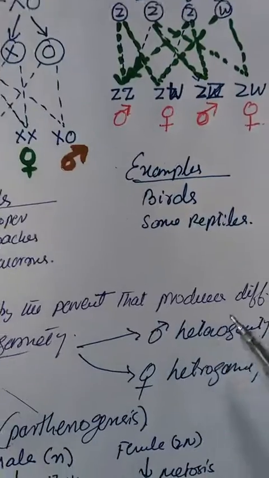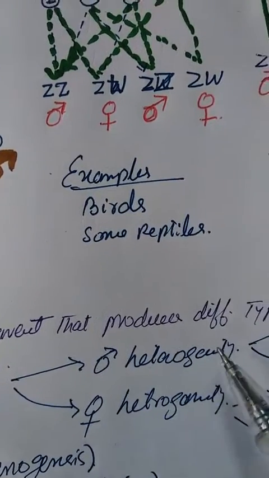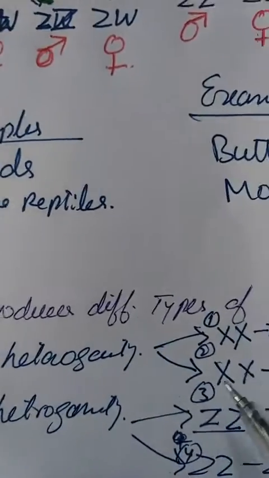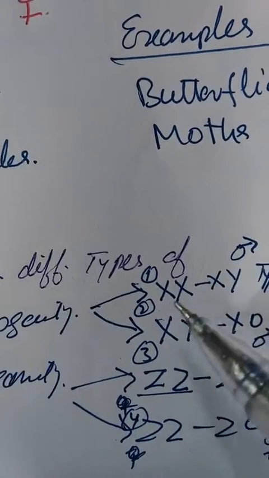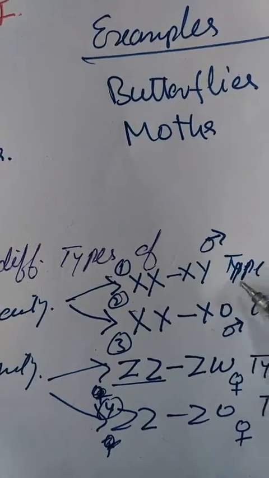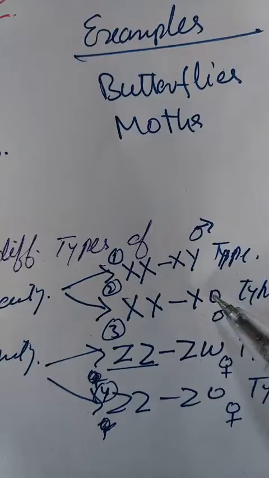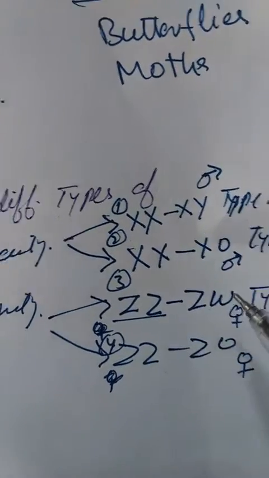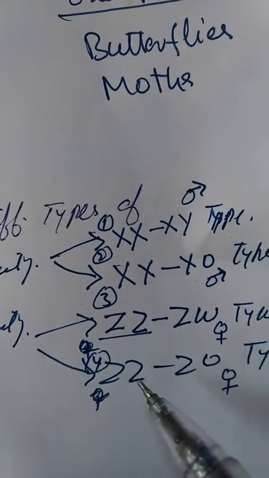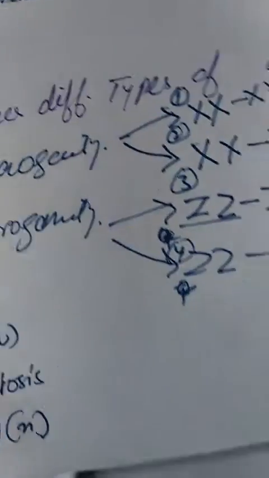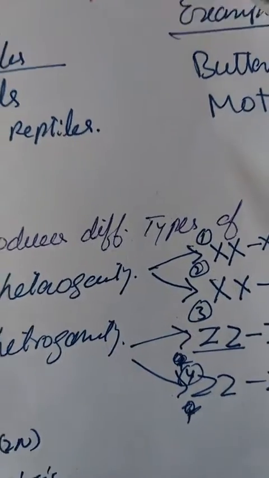This heterogamety is of two types, male heterogamety and female heterogamety. The male heterogamety is represented by XX and XY type, and the second type is XX and XO type. The female heterogamety is ZZ and ZW type, and lastly the ZZ and ZO type, which is seen in butterflies and moths.